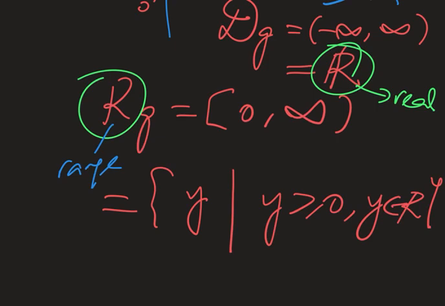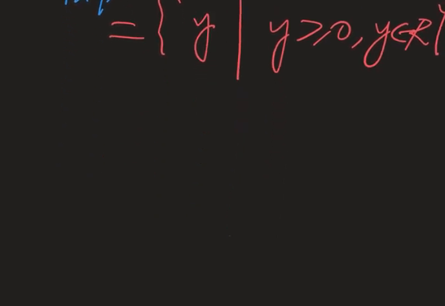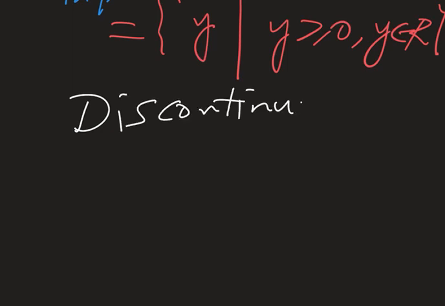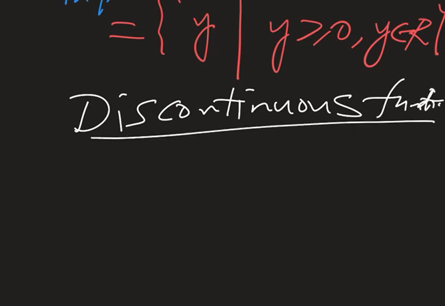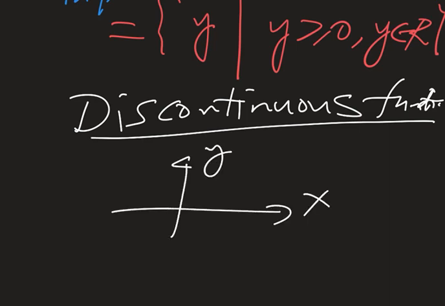Okay, there's another one that I want to talk about. This thing is called a discontinuous function. What do I mean by discontinuous function? That means the function is not continuous. What do you mean by continuous? Continuous means that you draw a line, it will never end, you will not stop.